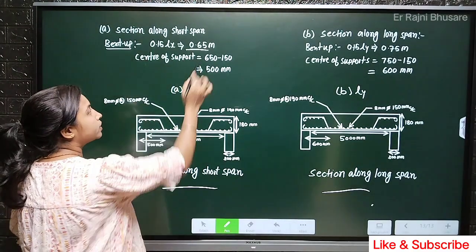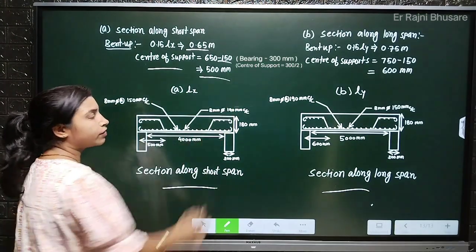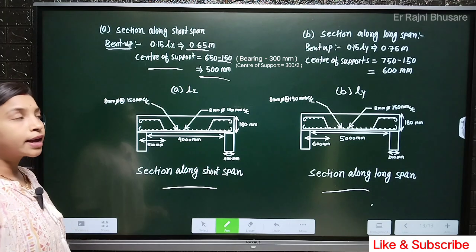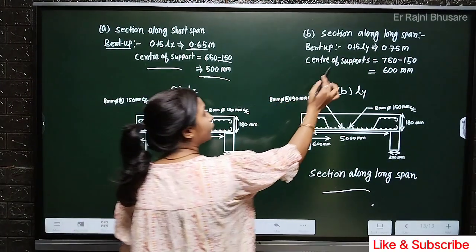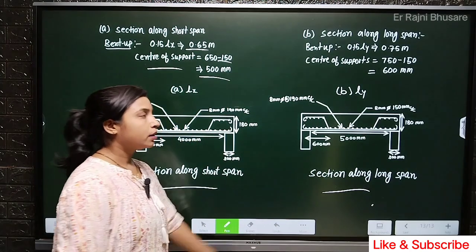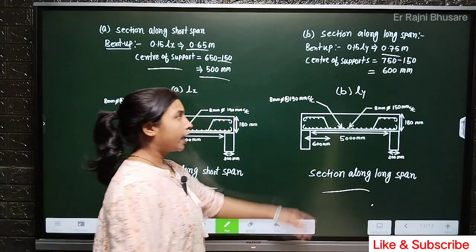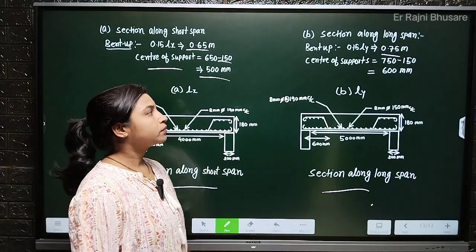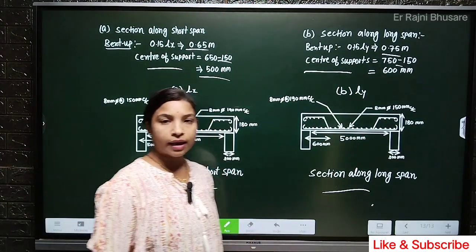Here it is 0.65 meter, and the center of supports is 500 mm. Similarly we calculate along the long span. Our bent up bar is by thumb rule 0.15 Ly. Here it is 0.75 meter, putting in the value of Ly. And the center of supports is 600 mm.